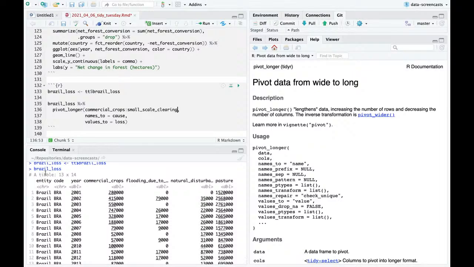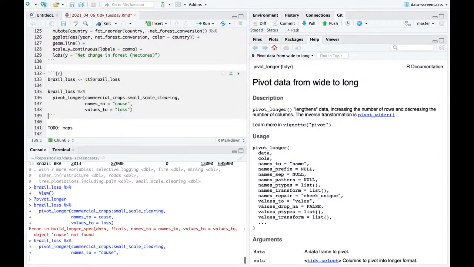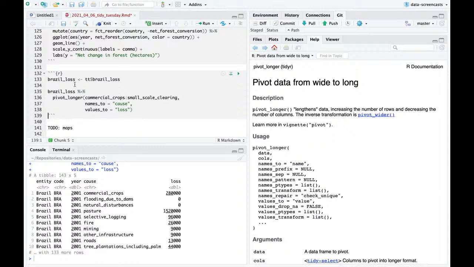I could also have said everything but entity, code and year. This goes in quotes. So what I said is I wanted to take all these columns. This is very similar to the gather syntax. Take all these columns, names go to cause, the values go to loss.